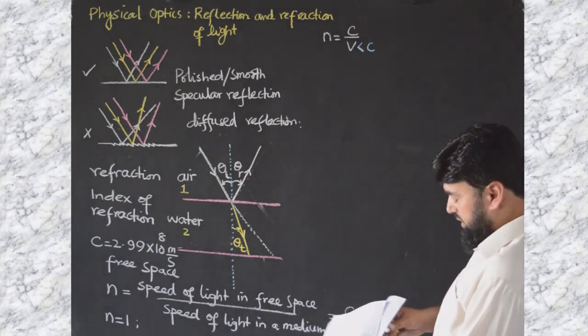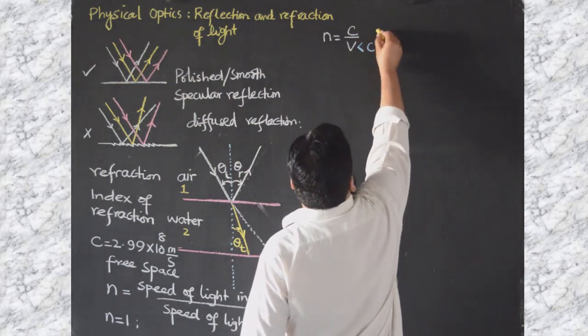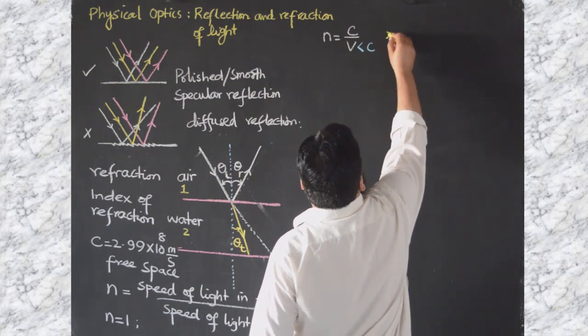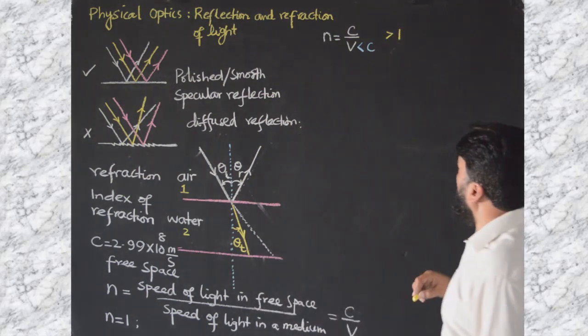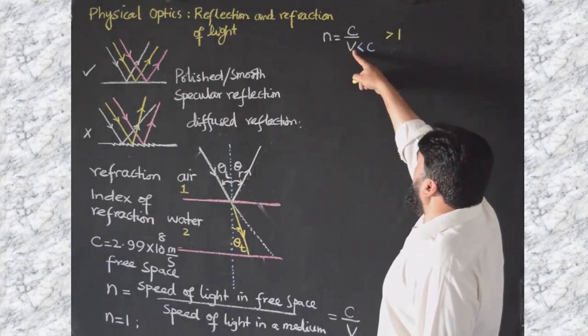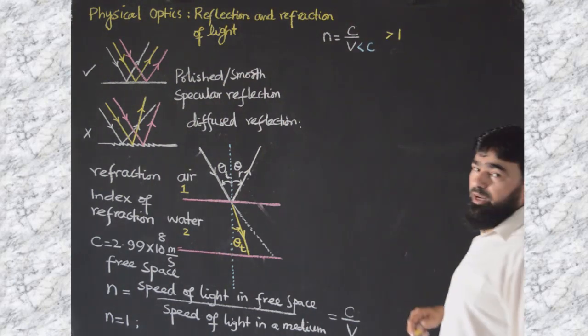So when v is less than c, it means that n will always be greater than 1, because when this one gets lower than this, the ratio will get greater than 1.